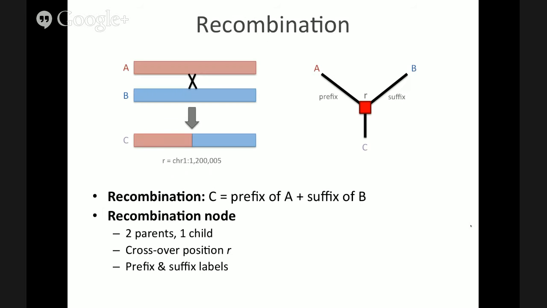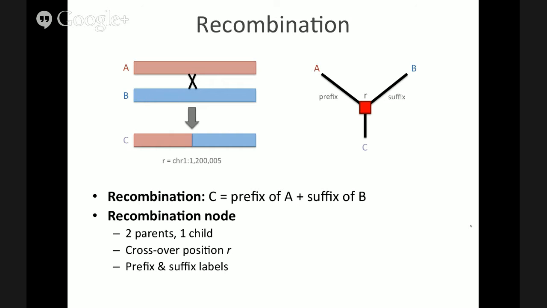Okay, so how does recombination change all of this? In a really idealized sense, you can think of recombination as taking two sequences, say A and B. A crossover occurs at some position R along their length. These sequences are homologous or orthologous.